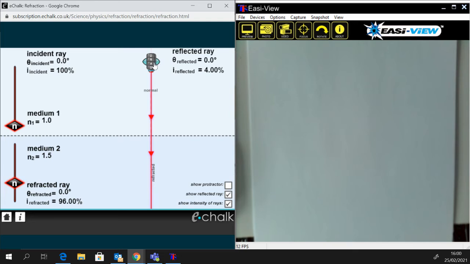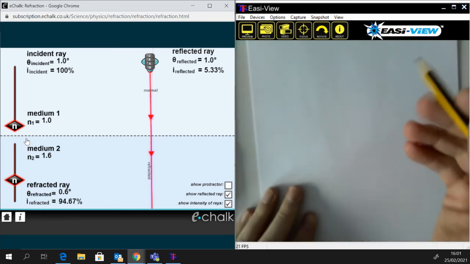Okay, so if we change this around, we can see we're getting about 4%. But then if we were to go to a different refractive index, let's say, we'll use the example that I used, 1.6, we're getting 5.3%.